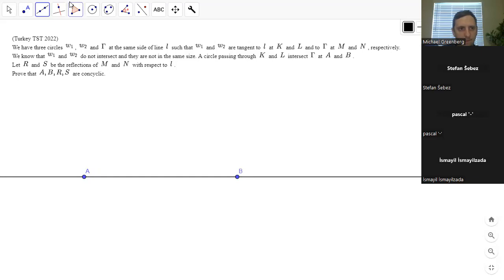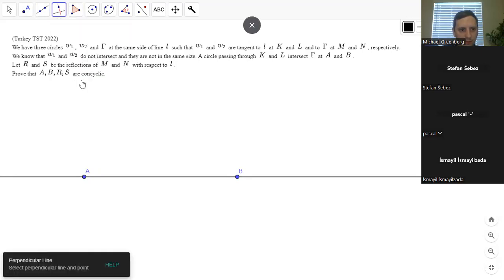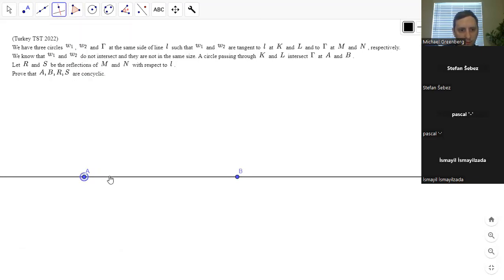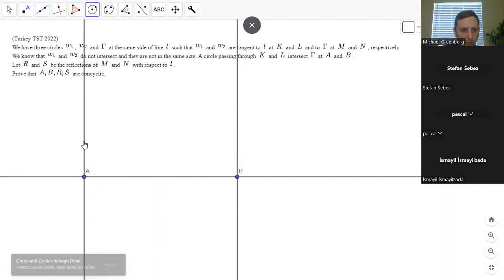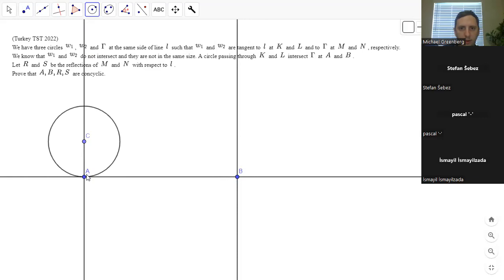So let's do it like this. We have some two circles that are tangent to the line, and they're both tangent to another circle, but I don't know if that circle is tangent to the line.